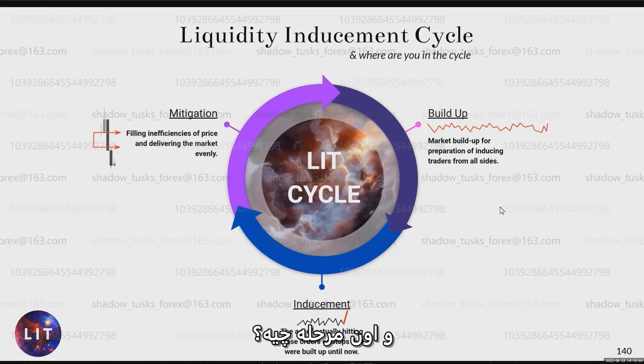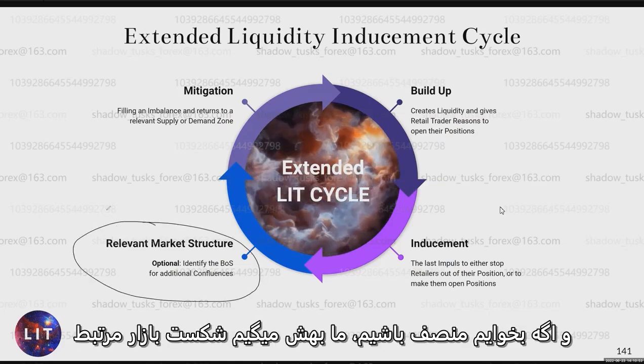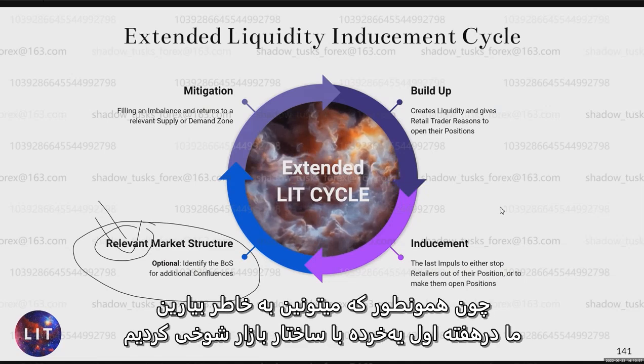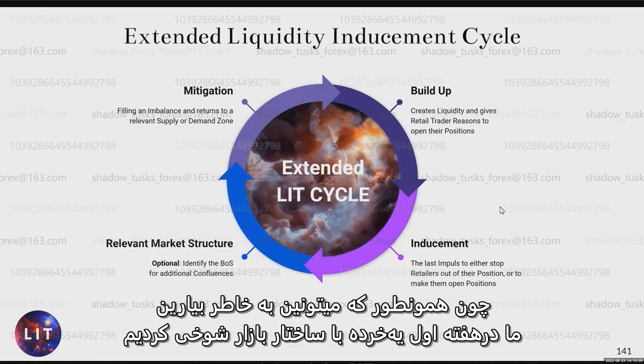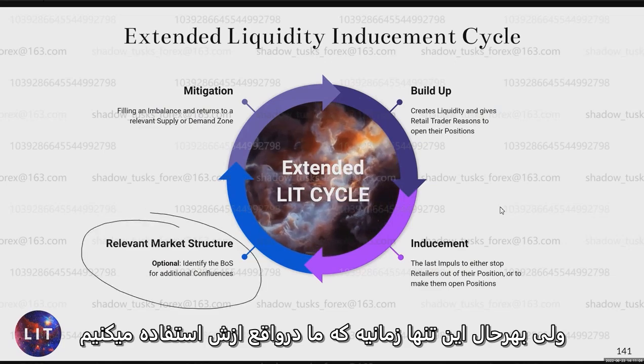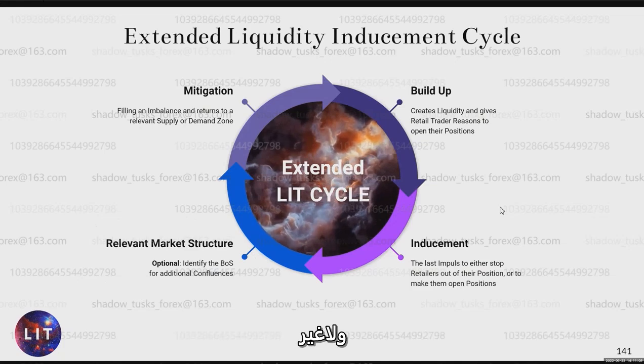Okay, and what is that step? It is the only time we will use market structure, and to be fair, we call it relevant market structure, right? Because we made a little bit of fun out of market structure in week 1, as you can remember. But now this is the only time we actually use it, and that's the most efficient way you can use it, period.